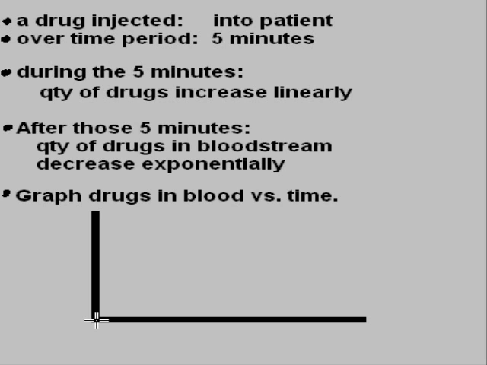Okay, so the drugs are injected into the patient here over a period of 5 minutes. And it increases linearly during those first 5 minutes. So this is going to be T over here, and that 5 minutes looks like it's about there.